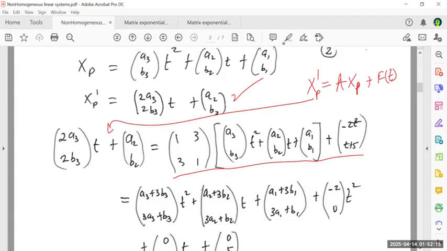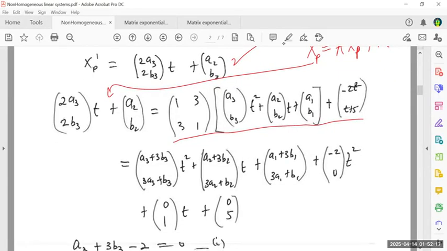And when we expand the right-hand side, we are then able to come up with row by column A3 plus 3B3, row by column 3A3 plus B3 multiplied by t squared. We do the same matrix multiplication for the next term, the same matrix. We'll multiply the other term, the three terms here. This is how we do it.